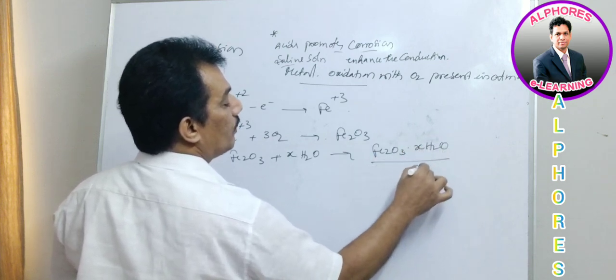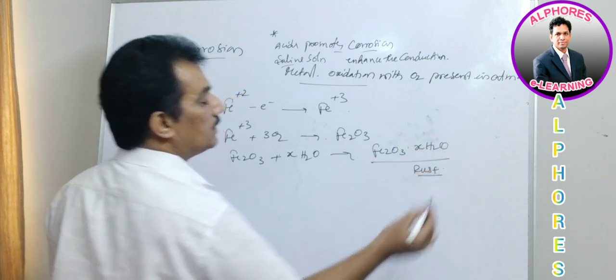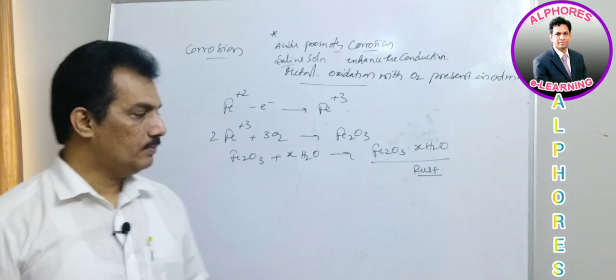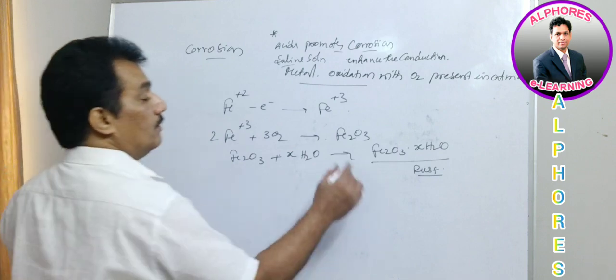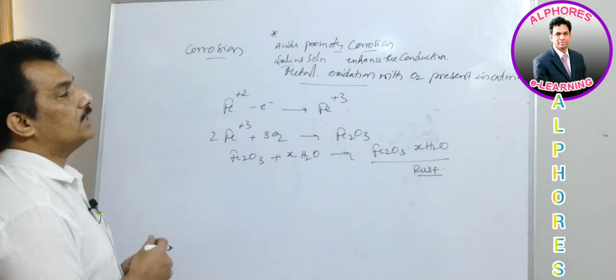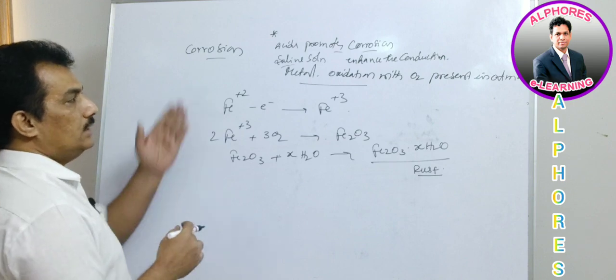This is the rust form. Chemical form of rust is Fe2O3·xH2O.